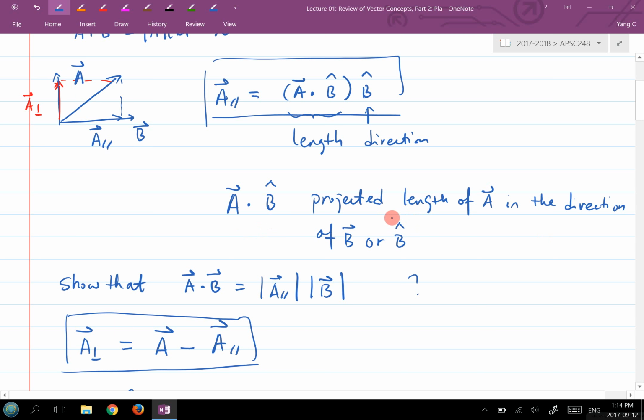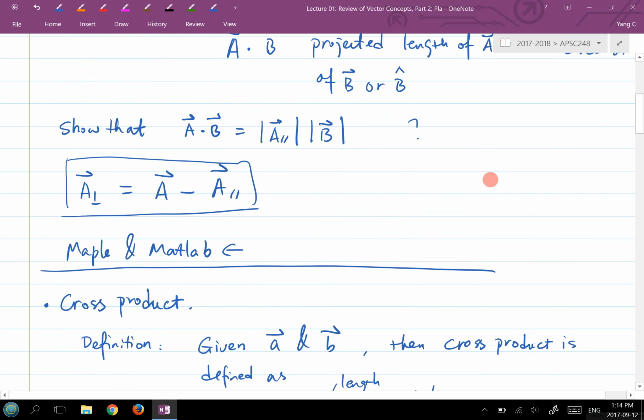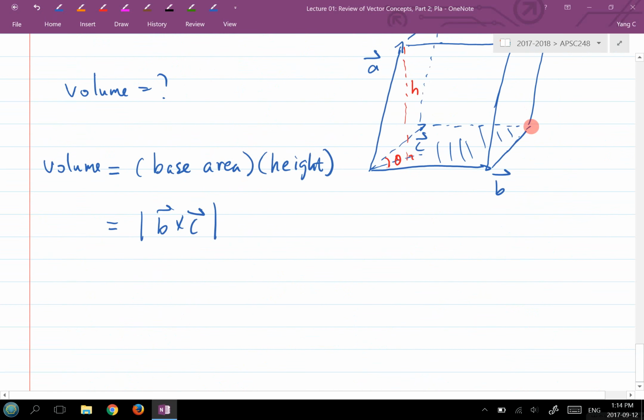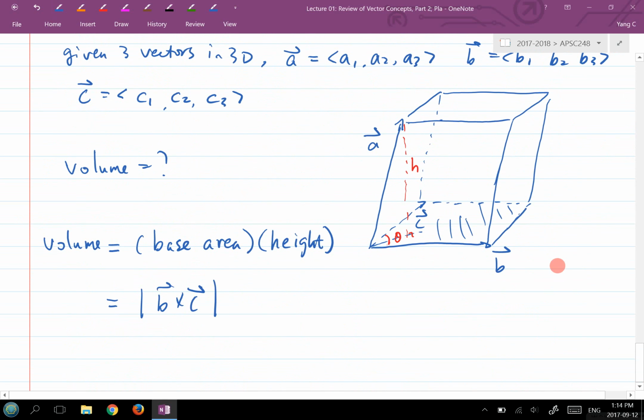This is a projected length of A in which direction? In the B direction, right? Okay. So let's come back to this one here. And we just said the height is the projected length of A in which direction? In the direction perpendicular to the plane formed by B and C.